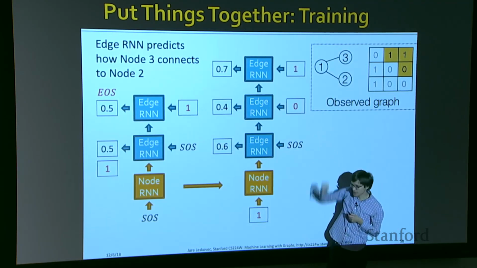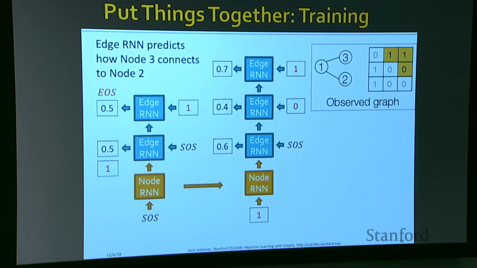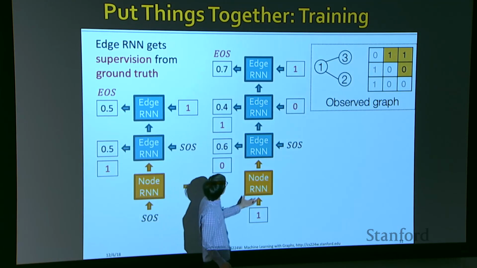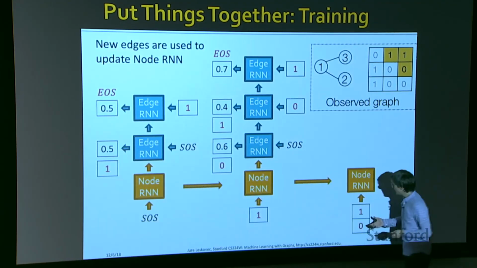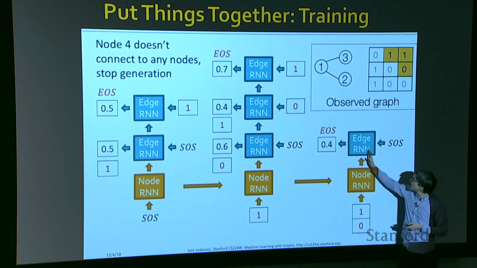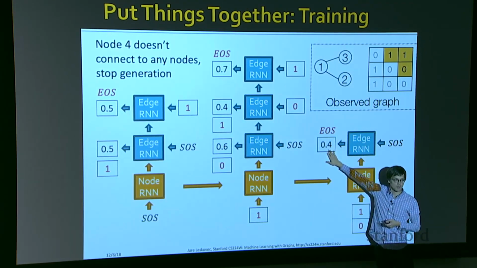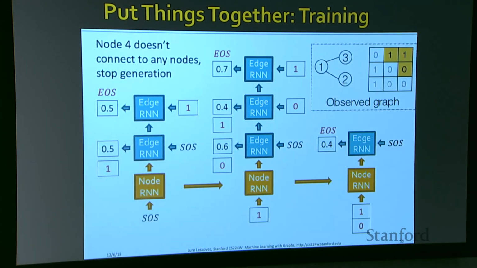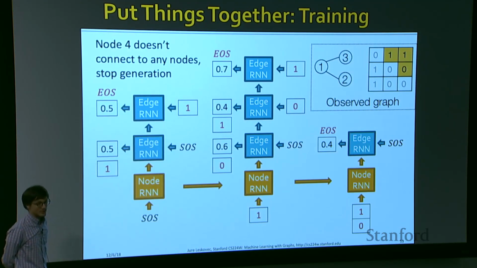Again, those are written in red. Now that we have done that, if we are done, we take the hidden state, put it in here, and here we want the edge level RNN to say end of sequence, we are done. Okay? And this is now the process to generate this graph on 3 nodes and 2 edges.